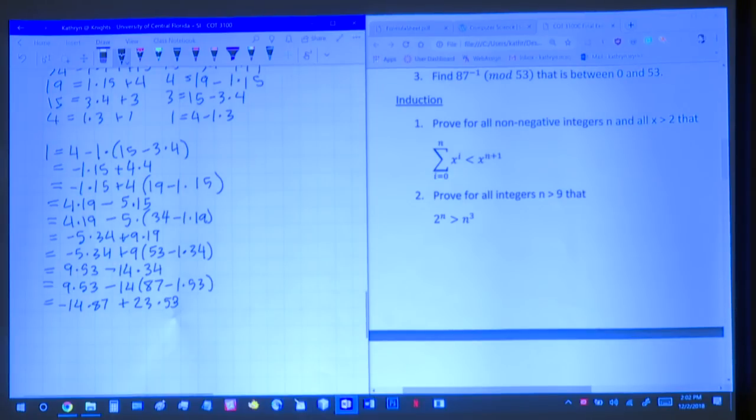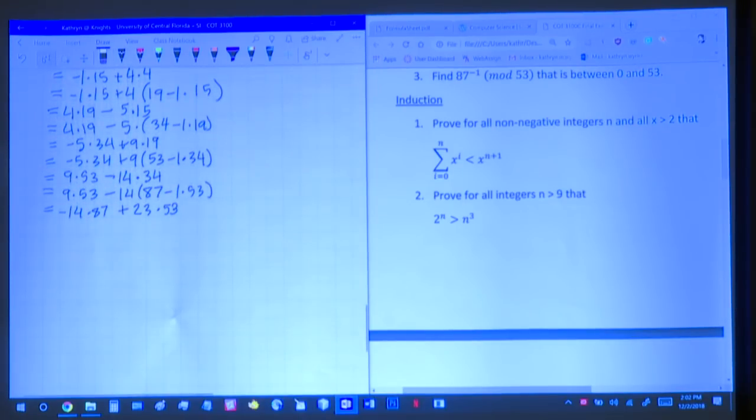Okay, so now that we're here, we will take this whole expression, negative 14 times 87, 1 equals, plus 23 times 53, and we'll mod this whole thing by 53. And this will disappear because mod 53 is equal to 0.